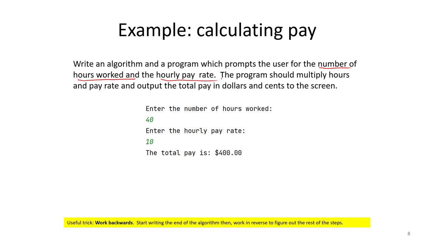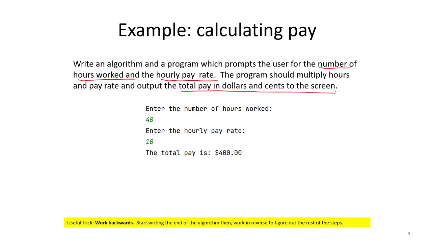The program should multiply hours and pay rate and output total pay in dollars and cents to the screen. So for now, let's just think about the algorithm part. And over the course of today's class, we're going to learn all the skills we need in order to actually program and implement this program.